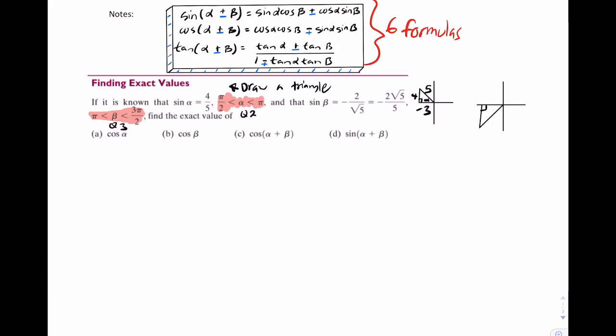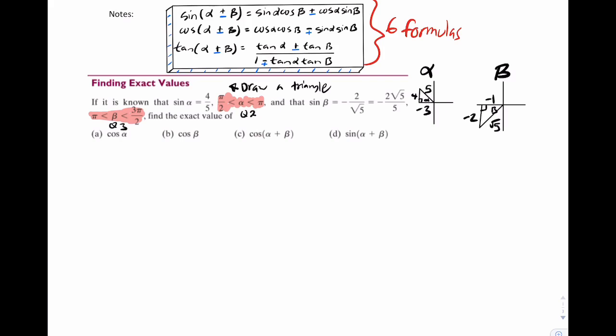Let's put our right angle there. This is beta. And sine is -2 over root 5, so I'll do that. Let's do our Pythagorean theorem, so this should be 1, but it's negative since we're in quadrant 3. And those are the 2 triangles we're going to need to answer everything. So here's our alpha, there's our beta triangle. I recommend you guys do that.